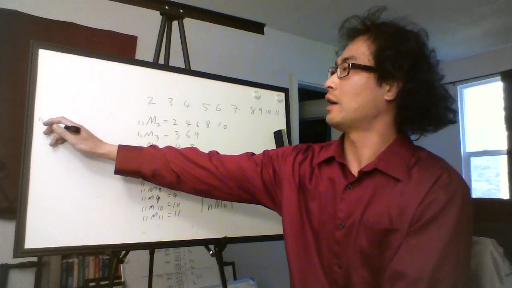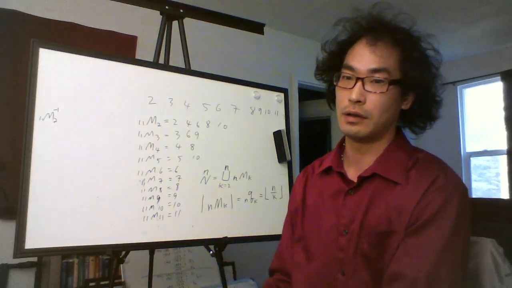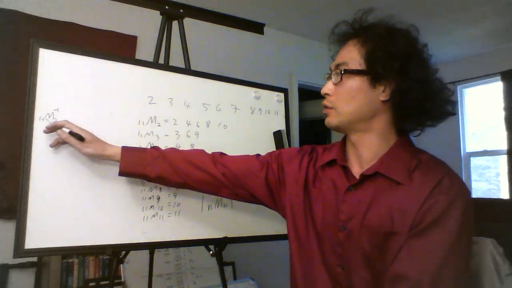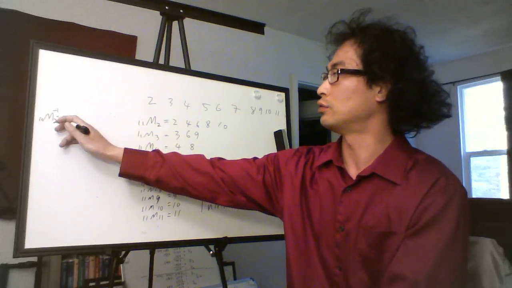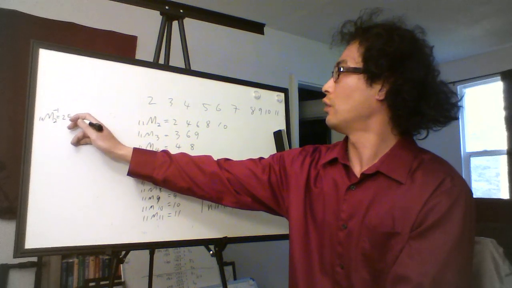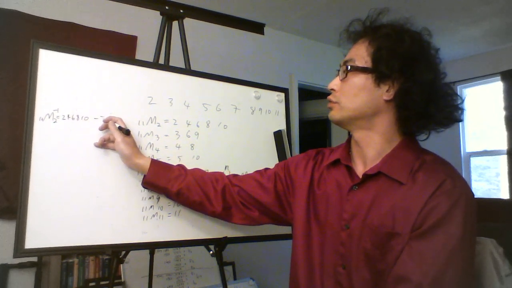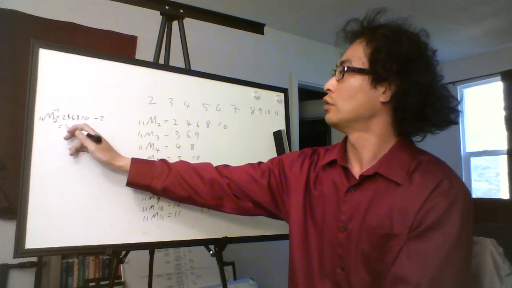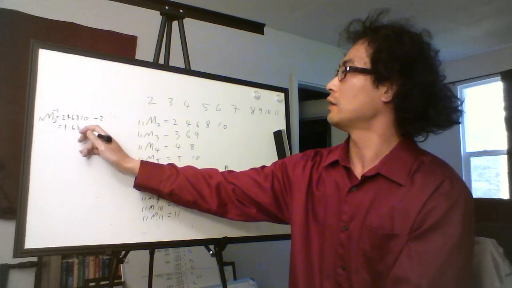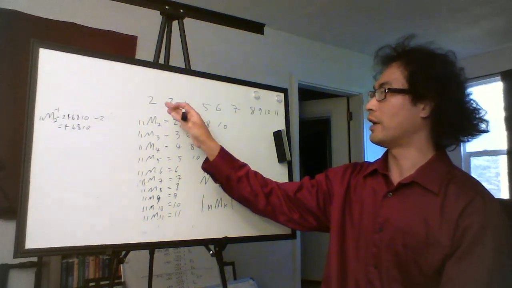11m2 minus 1, notation convention, is equal to: 2, 4, 6, 8, 10 minus 2 is equal to 4, 6, 8, 10. You just get rid of the very first element.